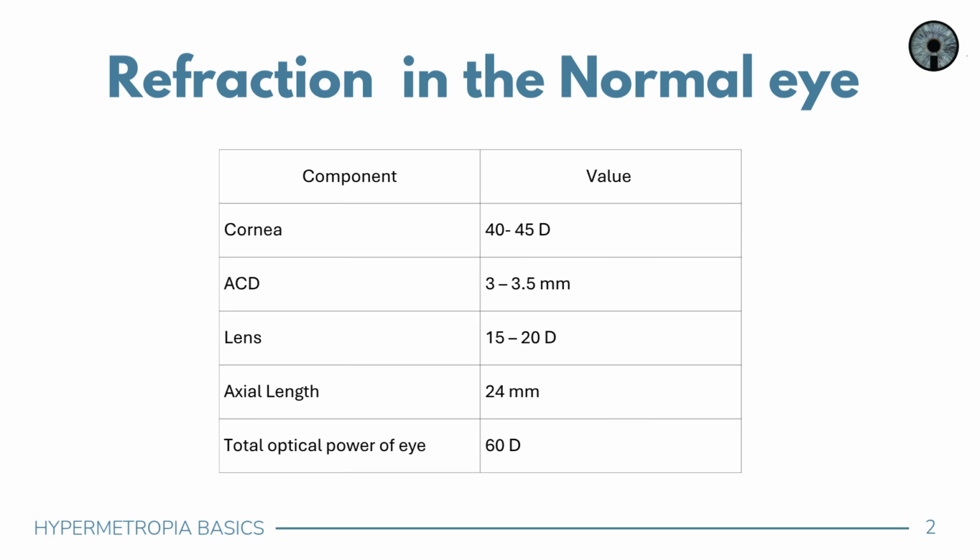The lens contributes around 15 to 20 diopters of convergence, and this happens when the anterior chamber depth is ideally 3 to 3.5 millimeters and the axial length is 24 millimeters. These values are important because a change in any of them can drastically affect the refractive power of the normal eye.